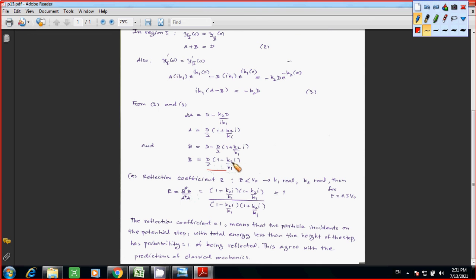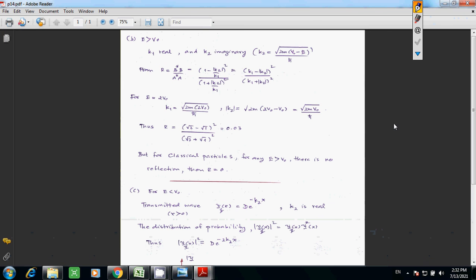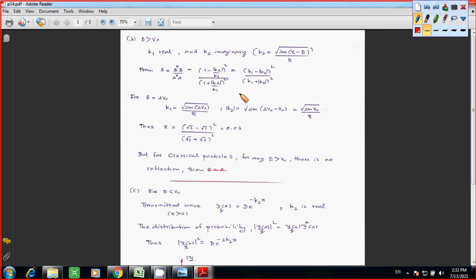You have 1 minus K2 over K1 squared. That's what I have on page number 14, right here. You rearrange the terms, you end up with R equal to this expression.